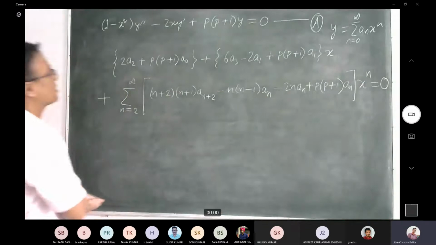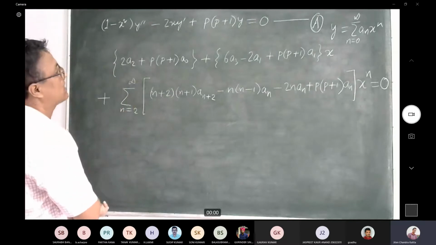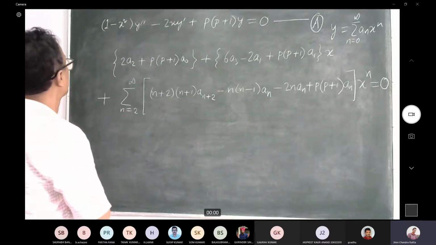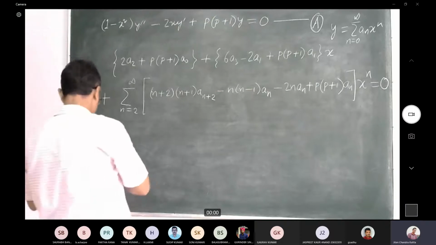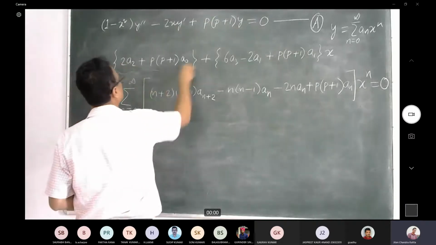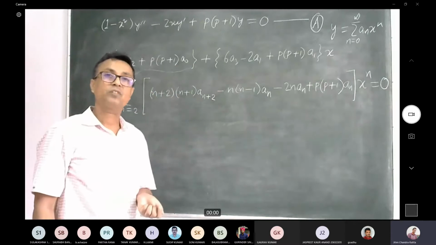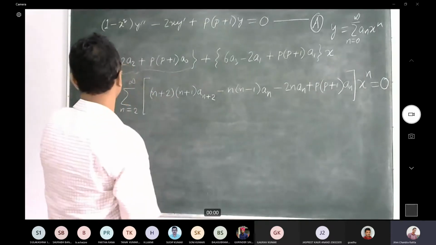Okay, fine. So now, if you look at the final equation here, what is it going to do for us? If I use this portion by equating the coefficients of different powers of x to 0, what am I going to get?